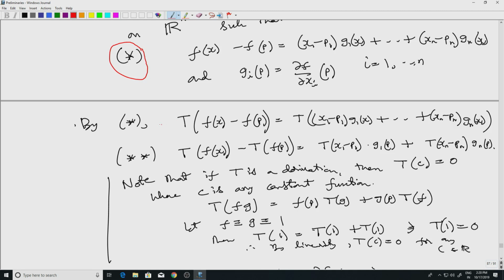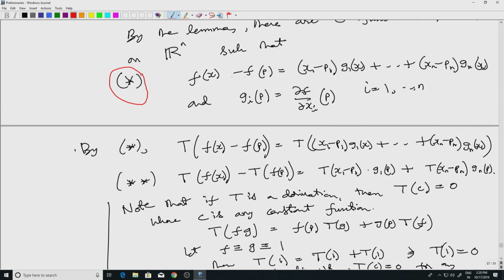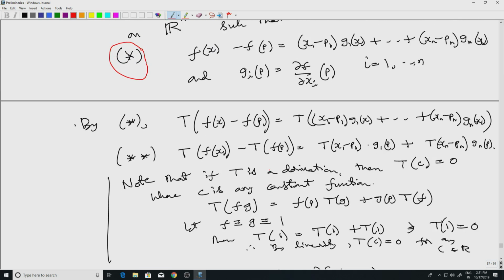By star, now I'm going to just act T on both sides. T of the left side equals T of the right side. Here, each of these terms, this (x1 minus p1) times g1(x), etc., is a product of two functions. So I can define a function phi_i(x) equal to xi minus pi.